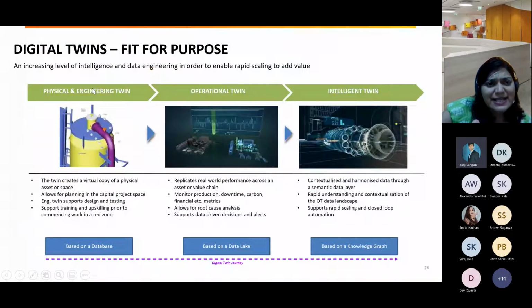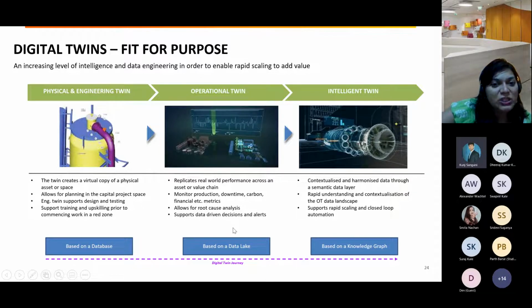Okay. So as I said, digital twin is at three different levels. At the very first level is a physical or engineering twin. It creates a copy of your physical asset or space. So it could be my production line, it could be my small machine, it could be one particular process in my manufacturing.